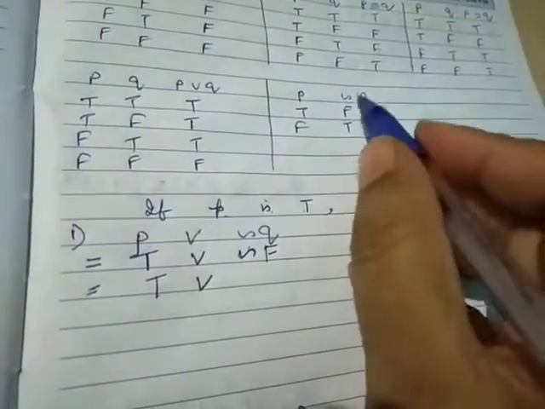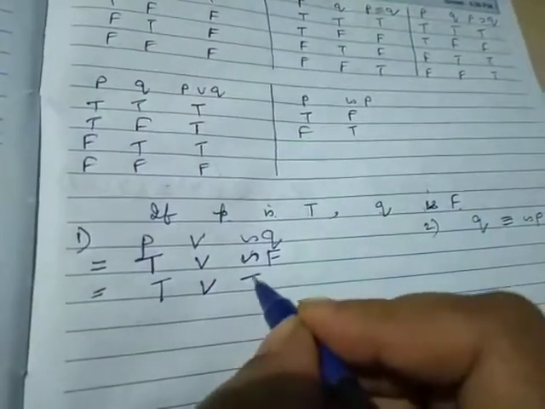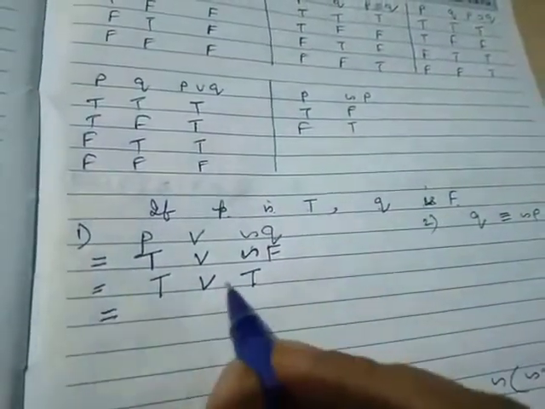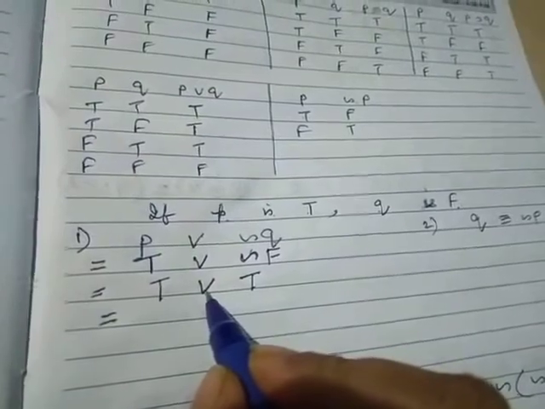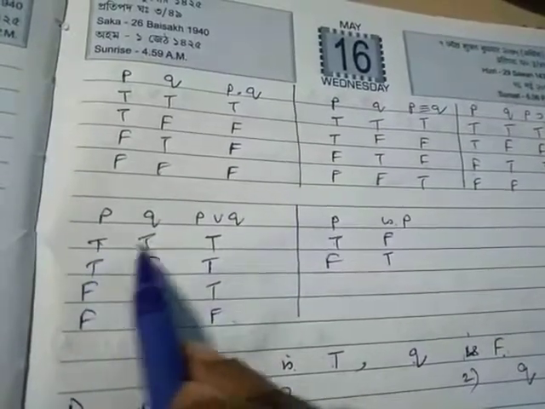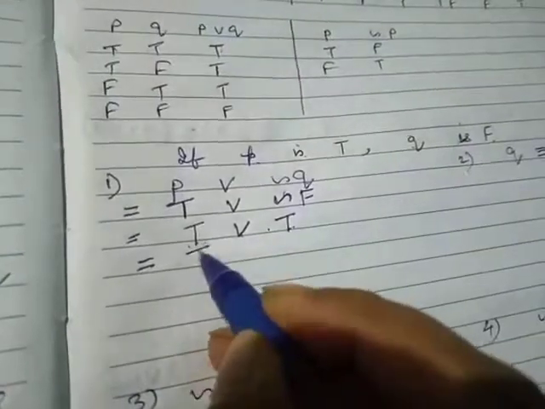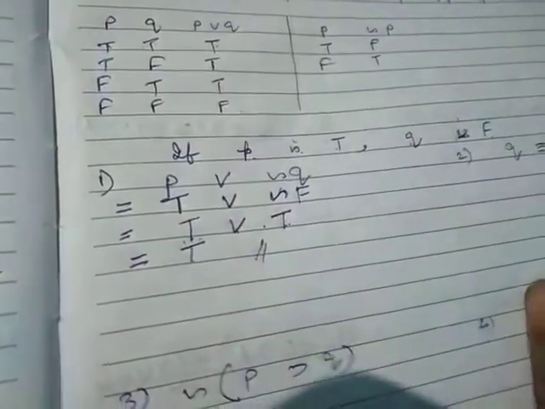Curl F means true, that is not false, that means true. So I will write true. Now the function of val is there. So TT is there. In val, if there is TT, then the result is T. So we will put T here and this is our answer.